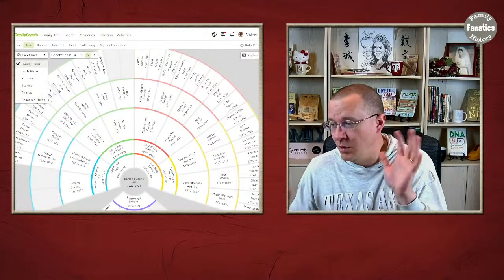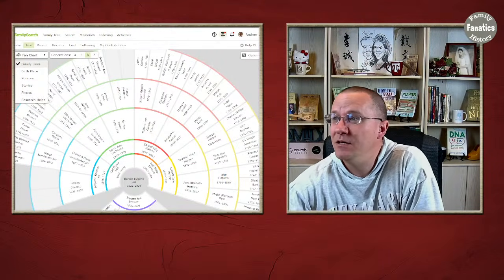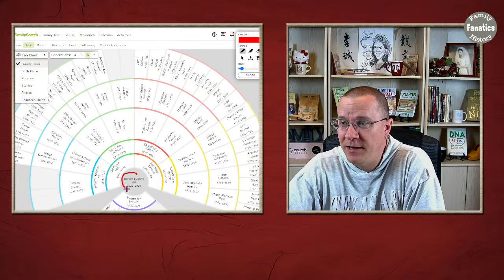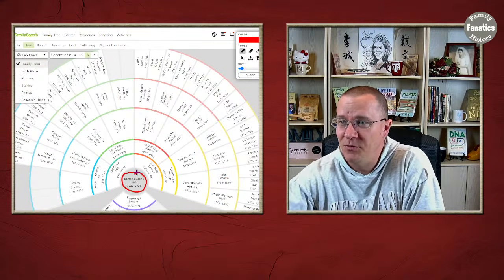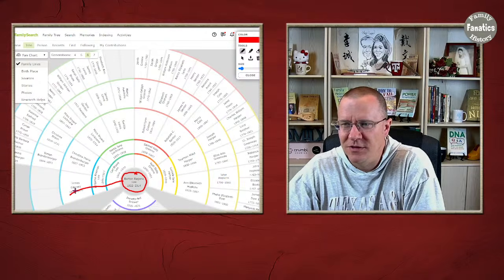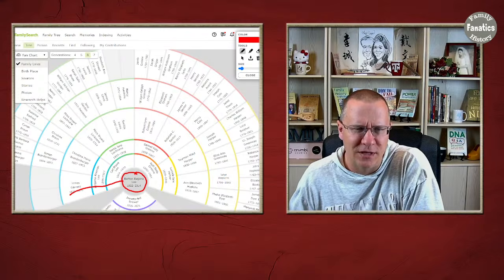this here, hopefully. So this is from FamilySearch. This is the fan chart with my grandpa right here. And as some of you may know, one of the things we didn't know about was this line right here. You can see that it changes, from Garnett to Lee. Let me do the other one.